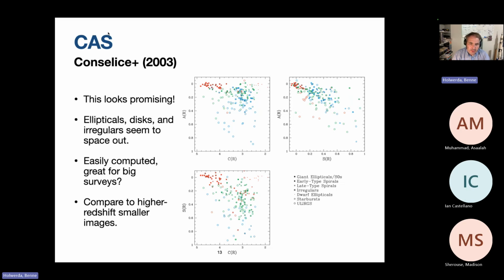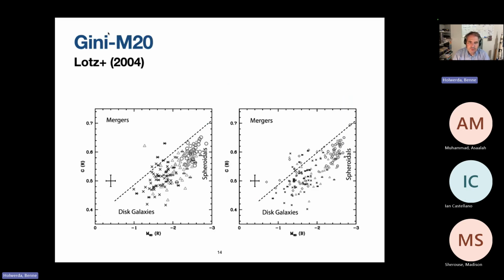One thing Chris really wanted to do was use not just low redshift, but also move this to high redshift. Can I do this on smaller images, but still retain this information and still get the same spread in values? Jennifer Lawrence did the same thing.